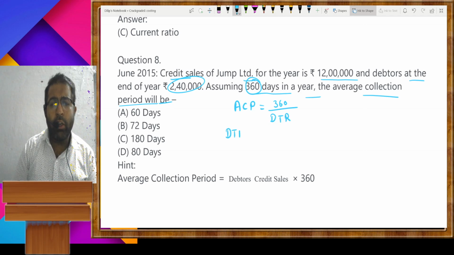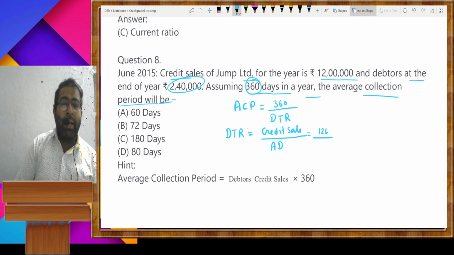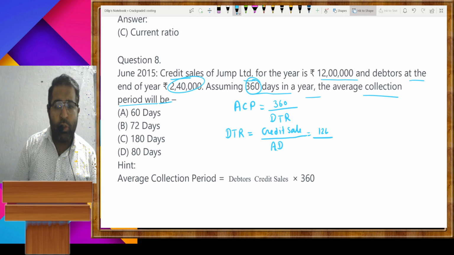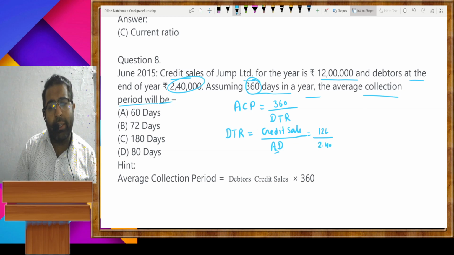Now how is the debtor turnover ratio calculated? It is credit sales divided by average debtors. Credit sale 12 lakh, but average debtors are not given. So in place of average debtors, we take 2,40,000 at the end.